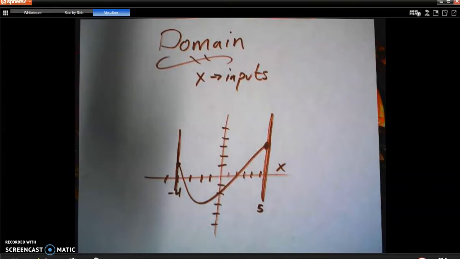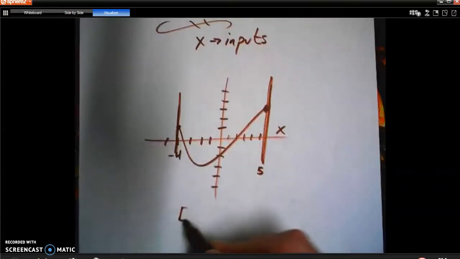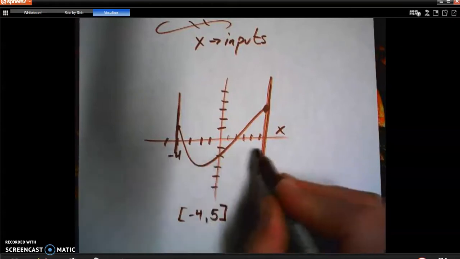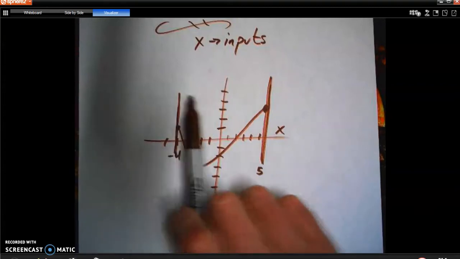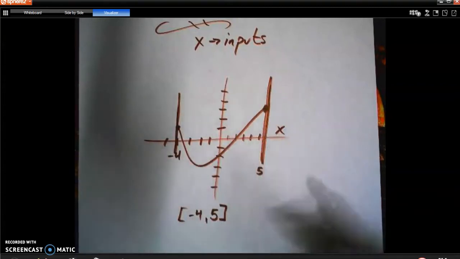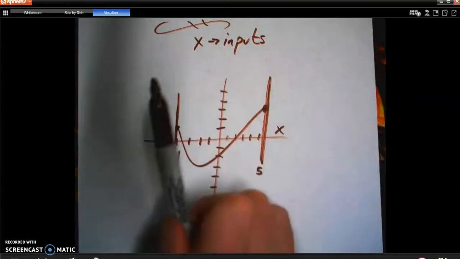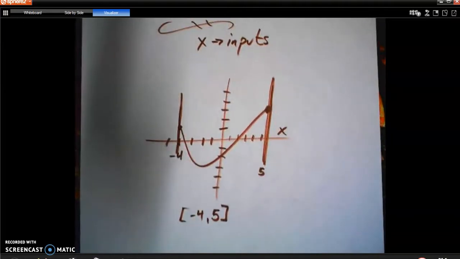So the domain is how far on the x-axis it goes, and it goes from -4 to 5. That's my domain, okay? So it's telling me that it's going on the x-axis from -4 to 5, but also notice it goes up and down, so we've got to have another one. So the domain tells us the left to right. The range will give us the up and down.